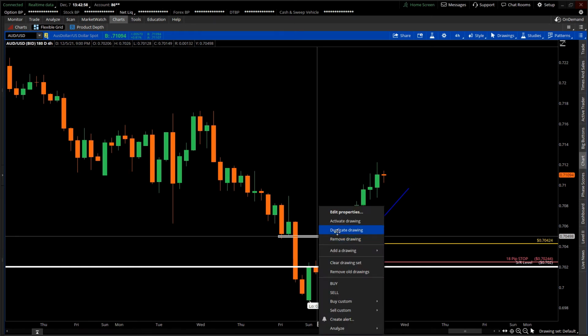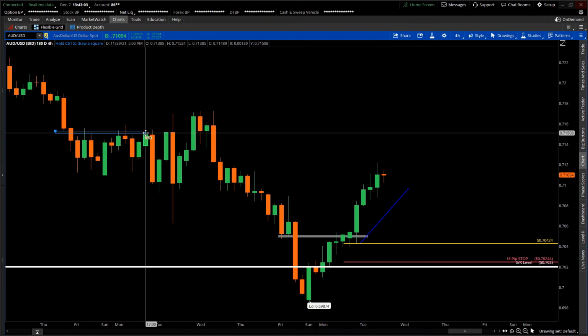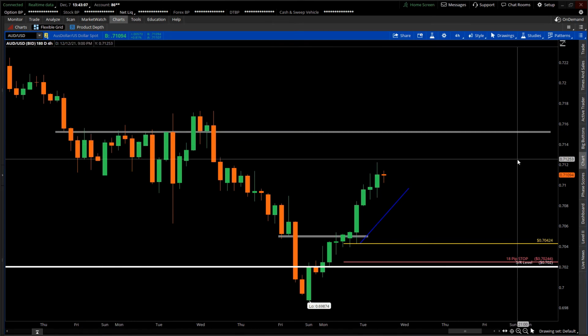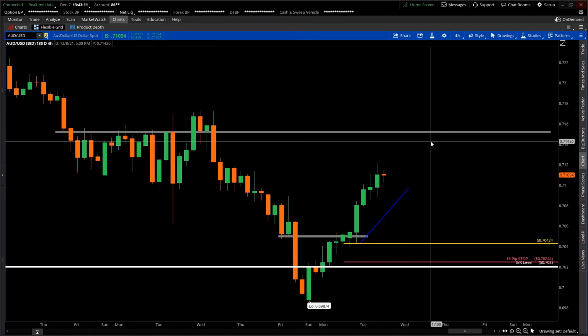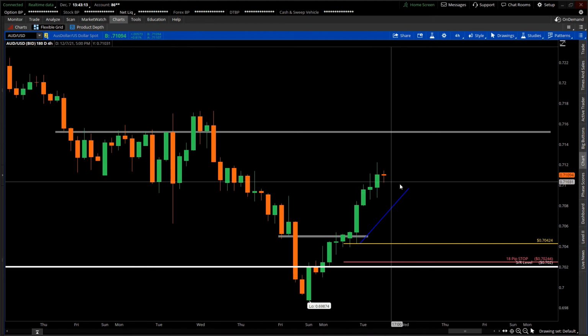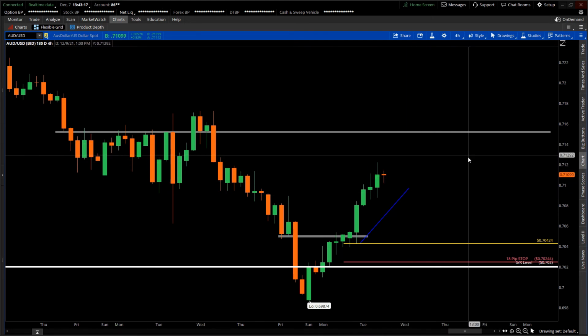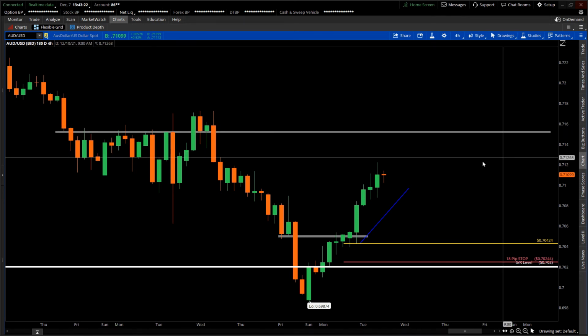If I place this like so, and then stretch it out, this could be another resistance area to consider. Maybe price will consolidate here and then continue for another leg, potentially retesting 0.716.